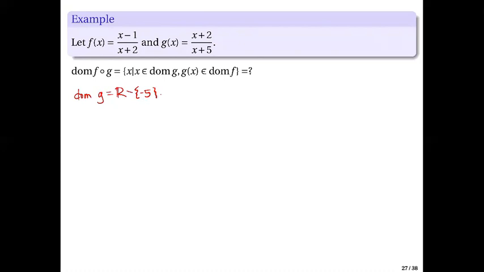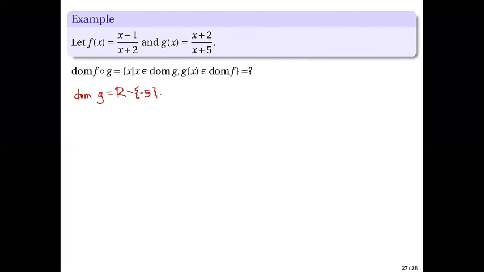The next question is, are there more numbers that need to be removed? You will be able to find that when you do this. Your g of x must be in the domain of f.